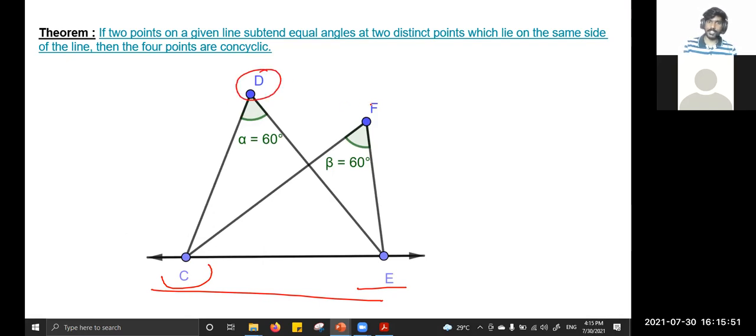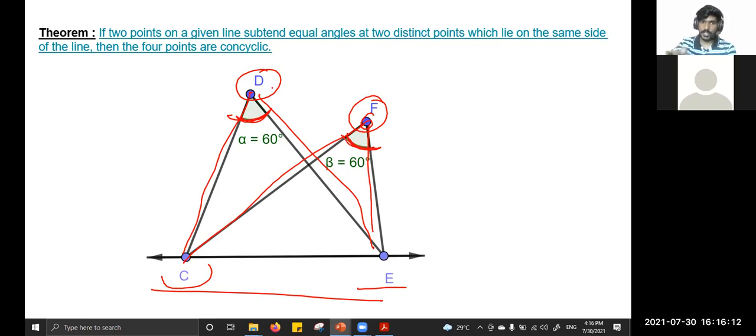Here I've taken point D and point F. You join point D with C and E. Similarly, you join point F with C and E. So you get 2 angles here, angle CDE and angle CFE. So you take 2 distant points outside the line segment, you join those 2 points with the segment CE, and you get 2 angles, angle CDE and angle CFE.